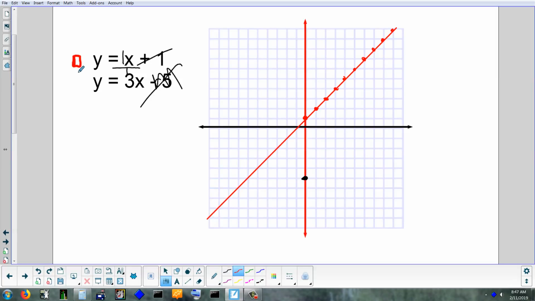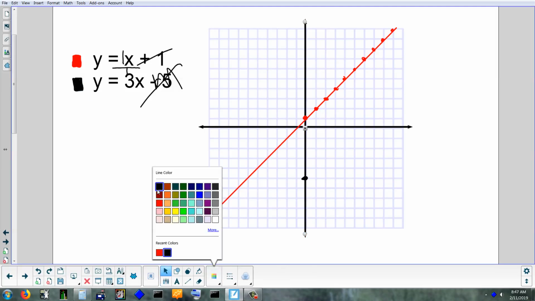Haley, from there, where am I going to go? Up 3, then where? Over. What did I say? If I have a whole number with the slope, what can I do like I did up here? What did I do up here for this?